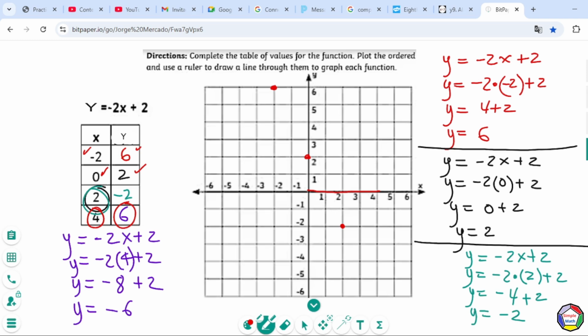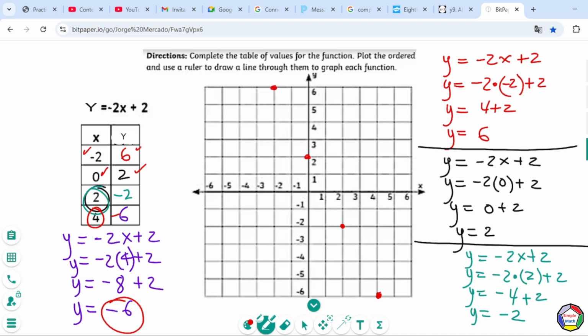I made a mistake here. Wait, give me a while. It's minus 6. Look, when I completed the chart, I made that mistake. So if x is 4, y is going to be minus 6, so it's going to be here. Let's do it without those lines. So it's 4 and minus 6. Here is going to be the other point.